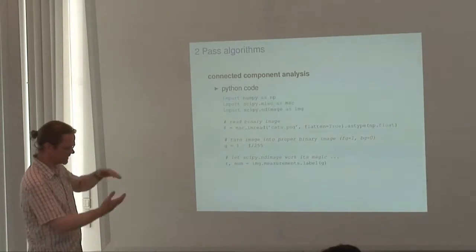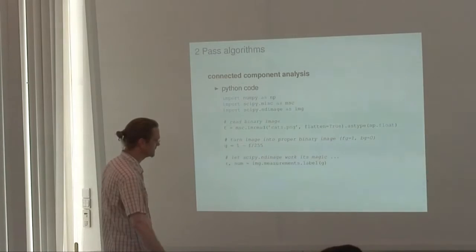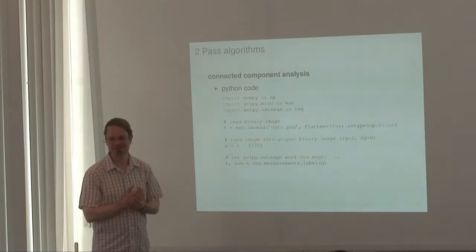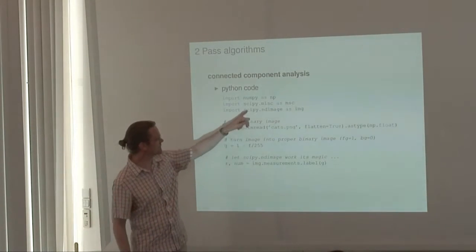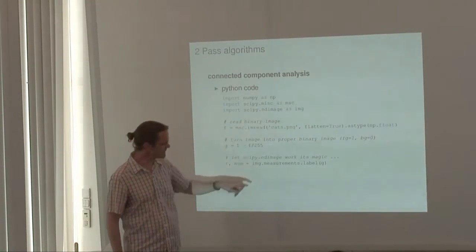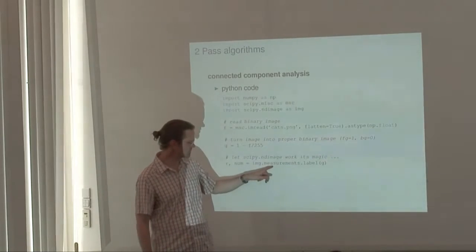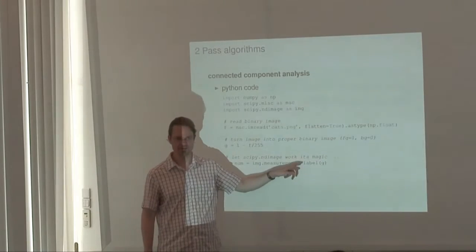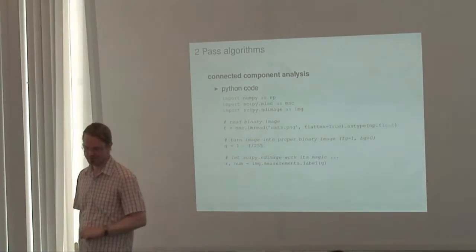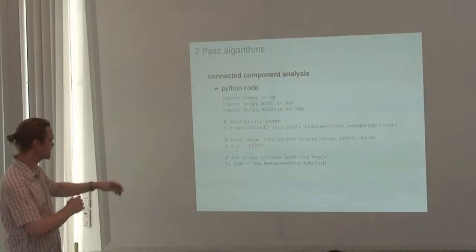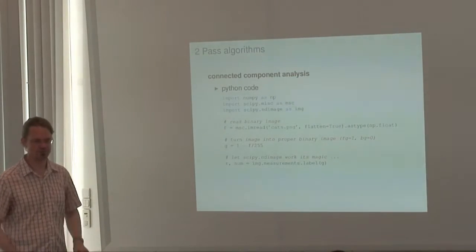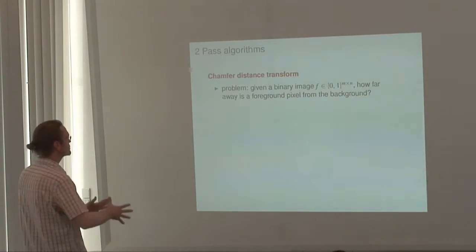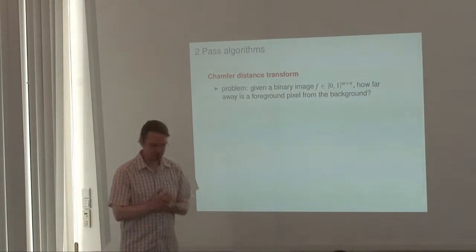And I actually have written it out, but I know, there is a module called SciPy ndimage, and this has a submodule called measurements, and this has a function called label. And that is exactly what we just discussed. So what we just discussed, in Python, if you do it right, boils down to just one line of code.